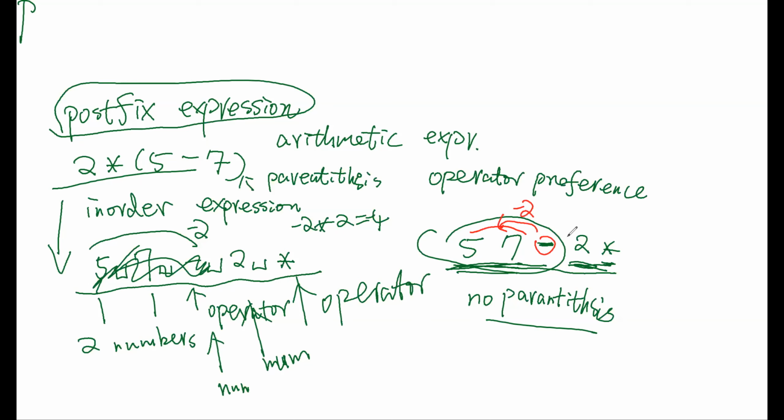I have negative 2, then you have other two numbers, then you apply this operator. Visually and manually, we know how to do it. But how can a machine know how to do this if it sees this expression?